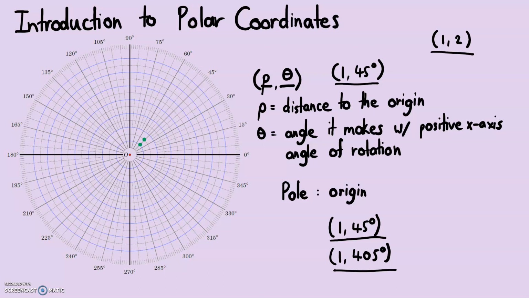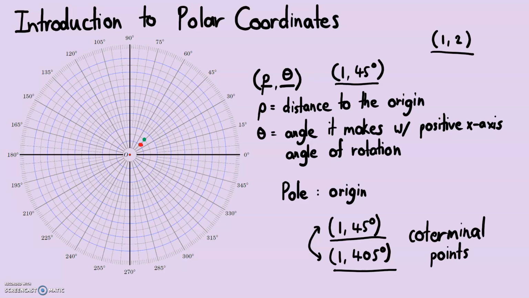So (1, 45) is that green dot right there. (1, 405) just goes around once more, so it lands right on top. These two points are the same point in polar coordinates. Those are called coterminal angles, or coterminal points in this case. You can get coterminal points by adding or subtracting 360 degrees.